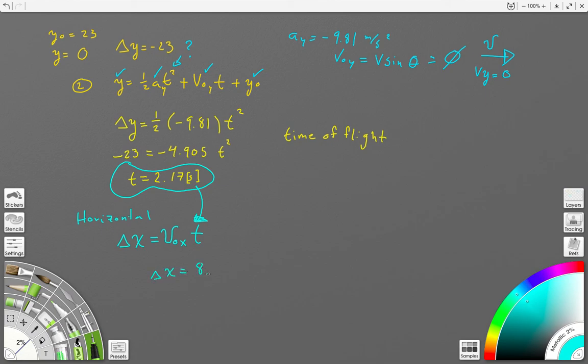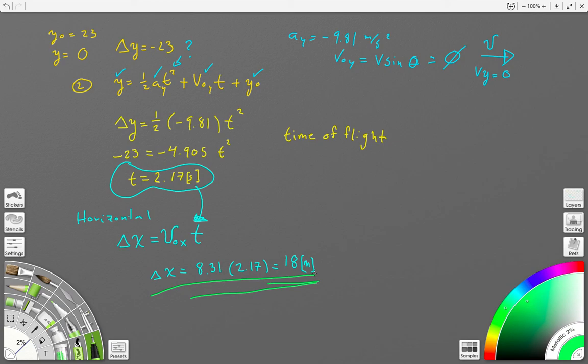We get 8.31 times 2.17, and we get a total distance of 18 meters. So this is the answer to the problem. That's the horizontal displacement of the ball.